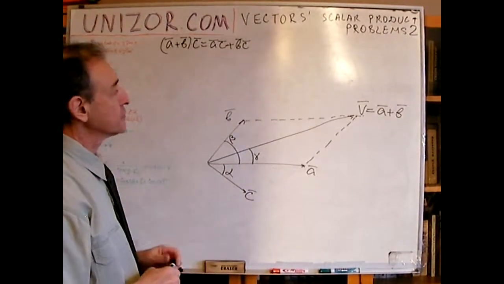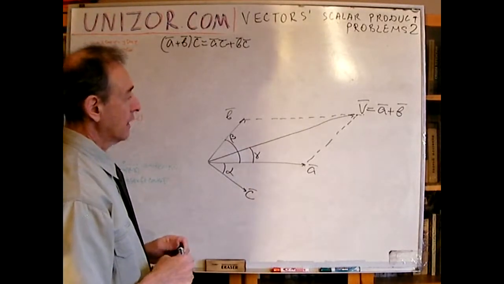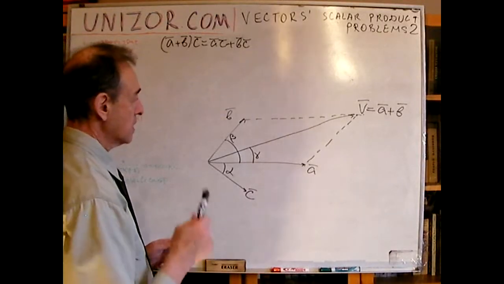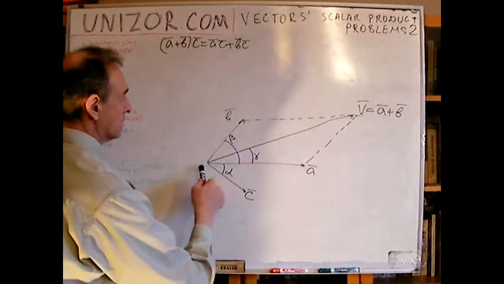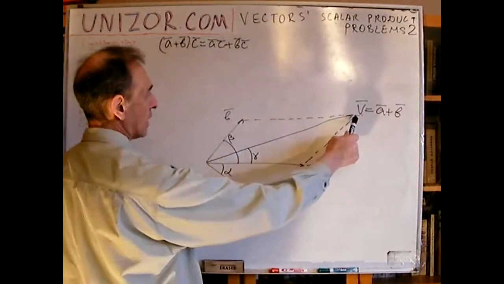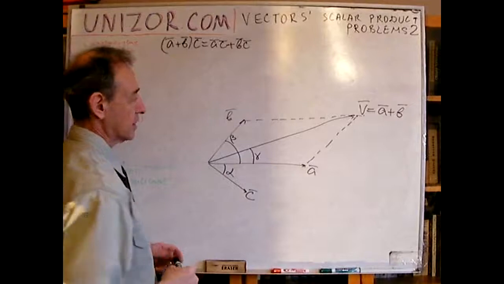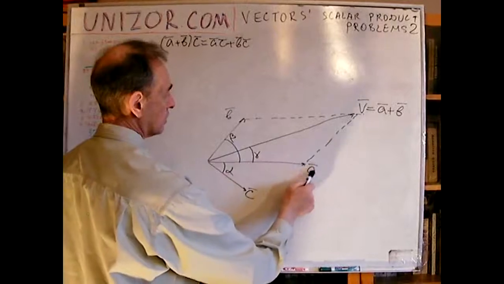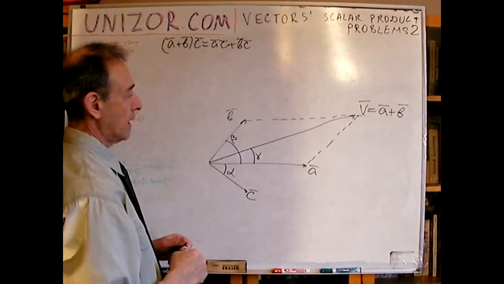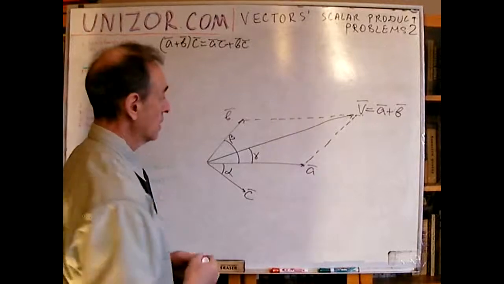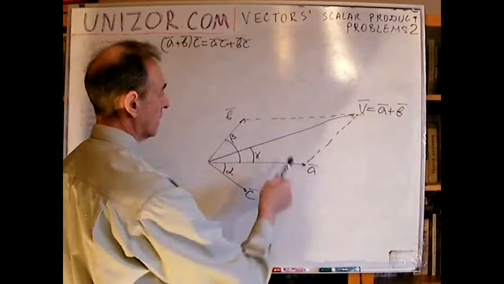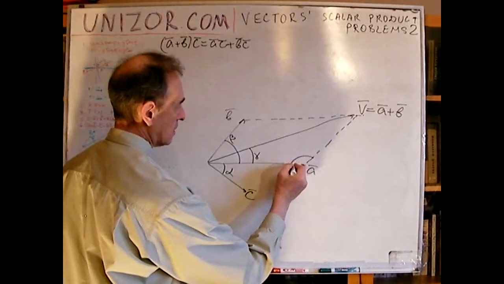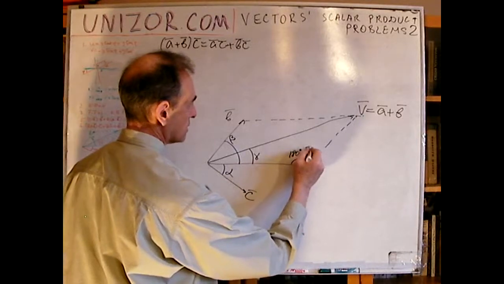Now, to prove this, let me express the lengths of A and B in terms of the lengths of their sum and whatever angles I have here. Now, I will use this triangle and use the law of sines to basically express the lengths of all these components. Now, by the way, this is beta, so this is 180 degrees minus beta, right?